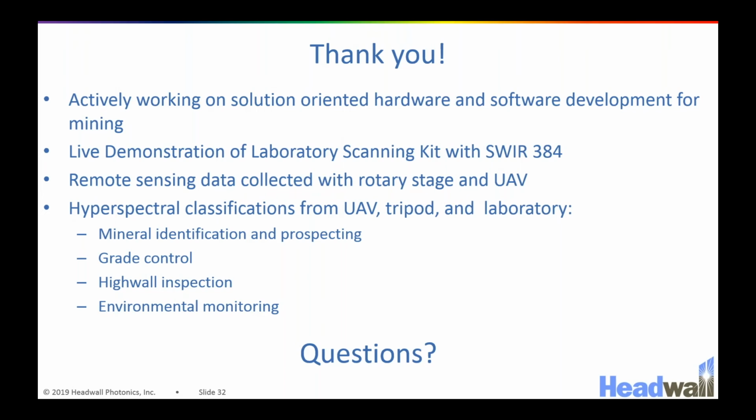The question was, what is the optimal altitude and ground sampling distance to use when collecting these remote sensing data? Our co-aligned system, just as an example, if you fly at roughly 20 meters, which is what I would recommend as probably the lowest altitude that you should fly at.